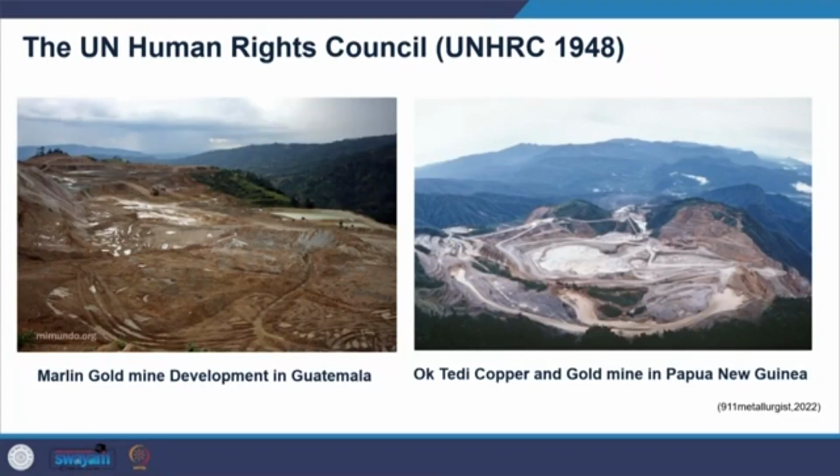Some of the key examples where social impact assessment has been done and has brought major impact, or which were reported, are the Marlin gold mine development in Guatemala and the Ok Tedi copper and gold mine in Papua New Guinea.